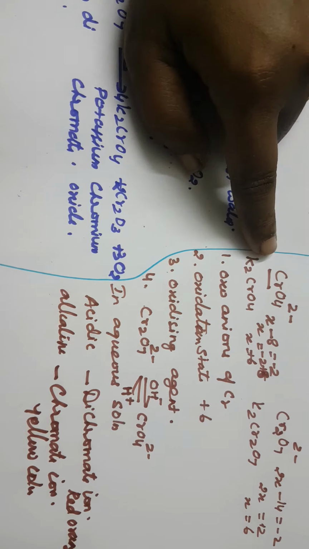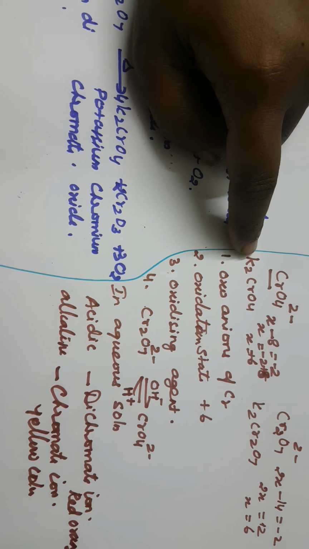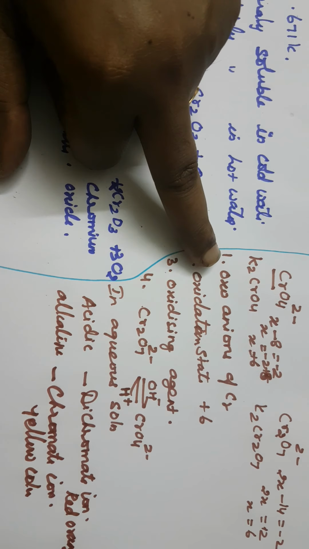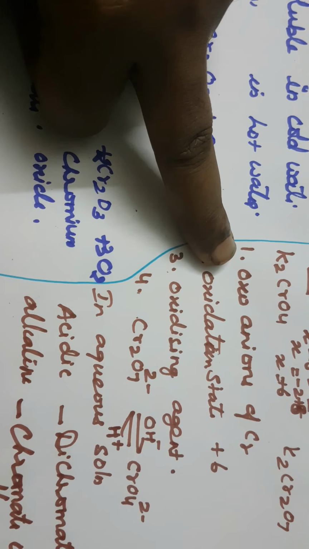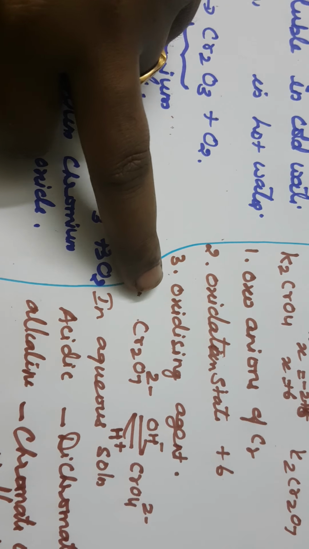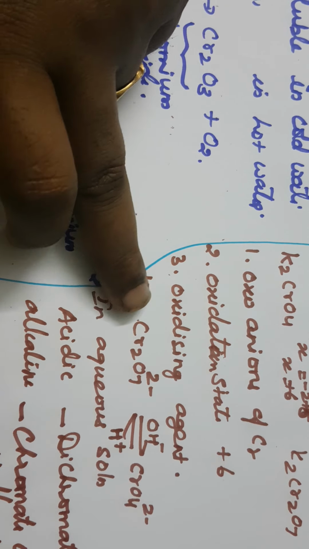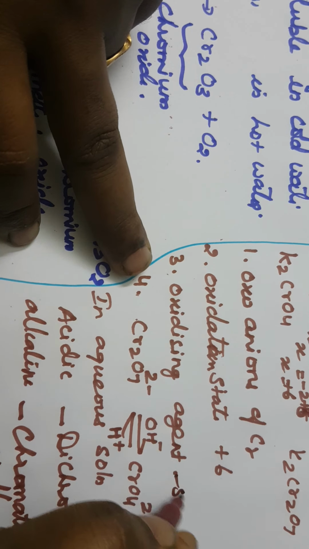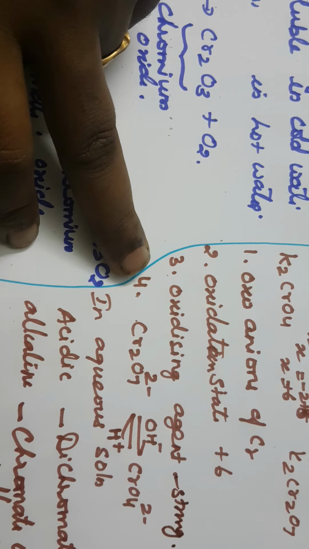So chromate ion is present in the salts of potassium or sodium: potassium chromate, potassium dichromate. It is the form of oxo anions of chromium. The oxidation state is plus 6. It is a moderately strong oxidizing agent. K2Cr2O7 is interconvertible in aqueous solution.